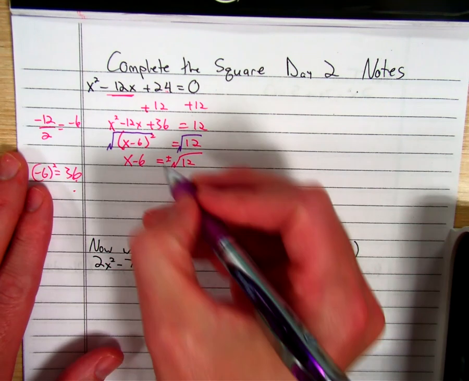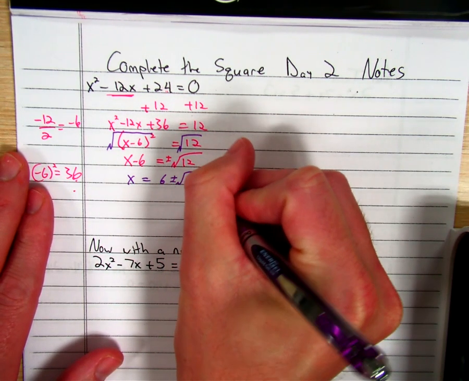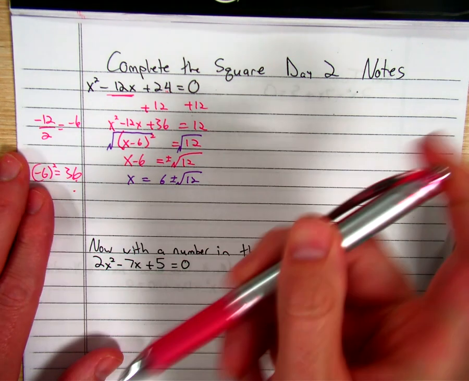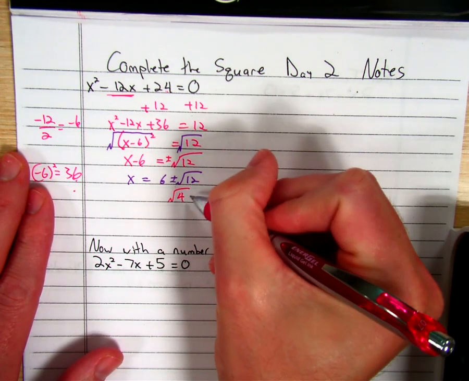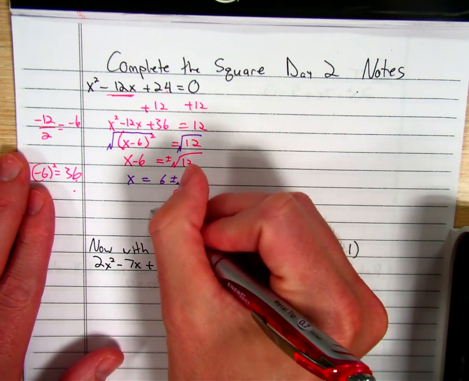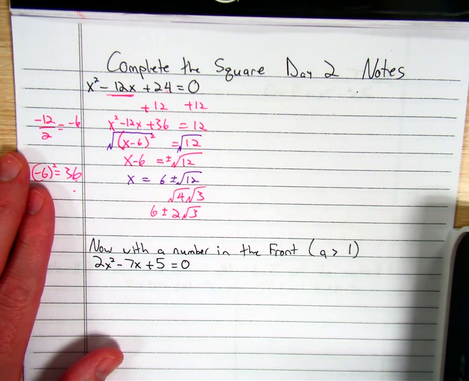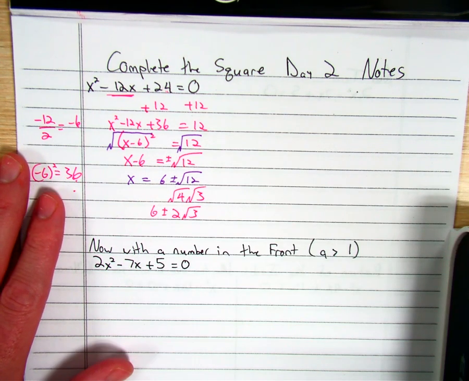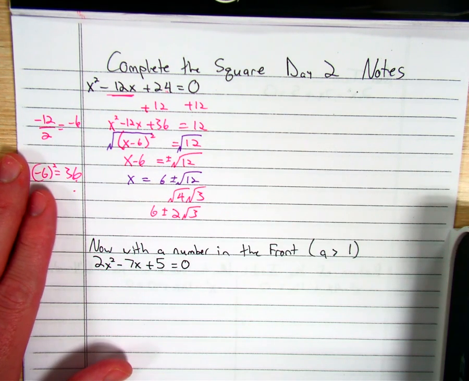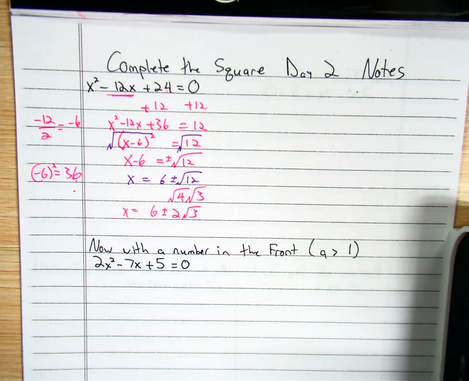So I'm going to add 6 over, and now break these apart. 12 can be radical 4, radical 3. We'll have 6 plus or minus 2 radical 3. Alright, x equals. That's where we ended yesterday.